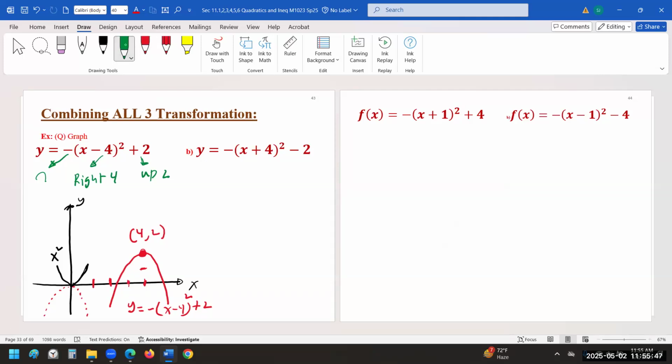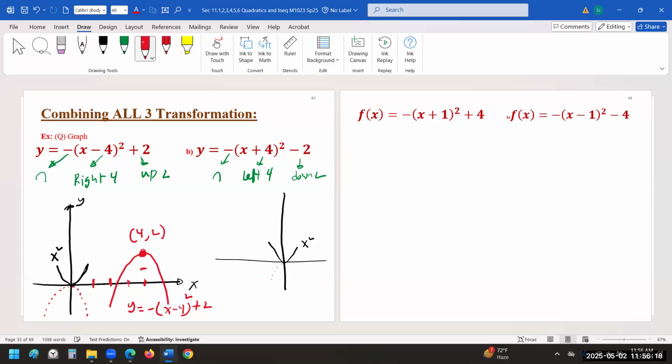So negative in the front means upside down. Plus 4 inside the parentheses. We're supposed to go right, but we don't. We go left. And minus 2, down 2. So left. That means let me draw a little bit to the right. So original one is here at the vertex, lonely.